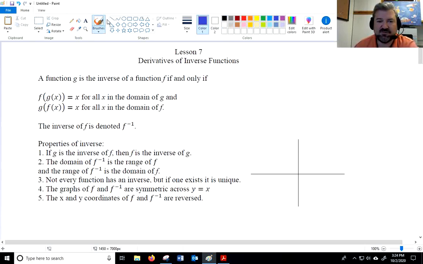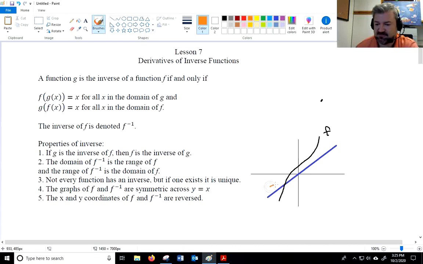So with the symmetry that we're talking about here, of the line y equals x, if I were to draw the line y equals x, and if I had a function f, let's say that f looks something like this. And in order to have an inverse, it has to be a one-to-one function, which means it has to pass the horizontal line test, which I think this does.